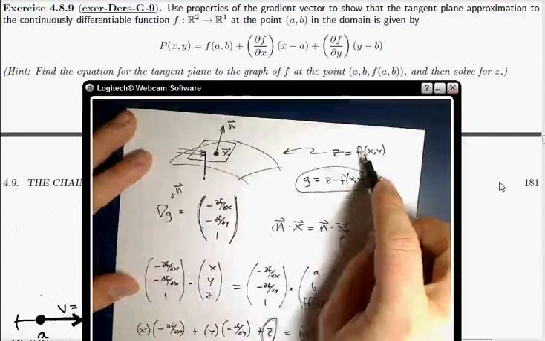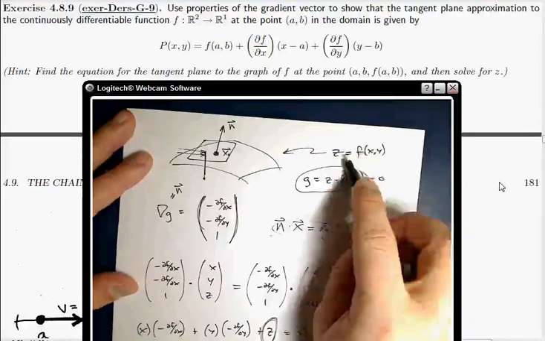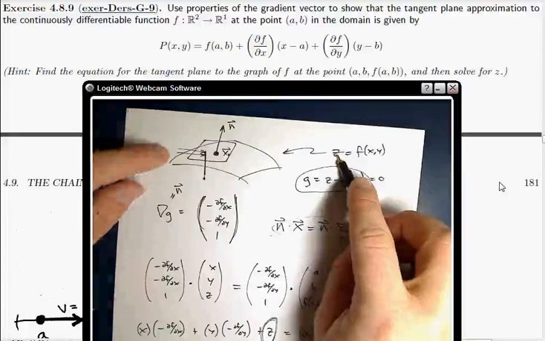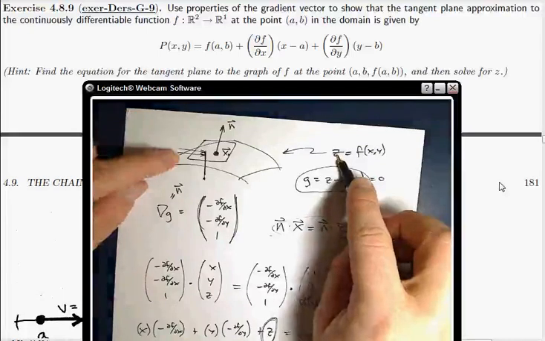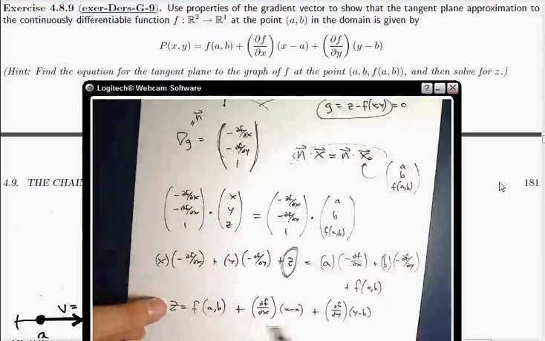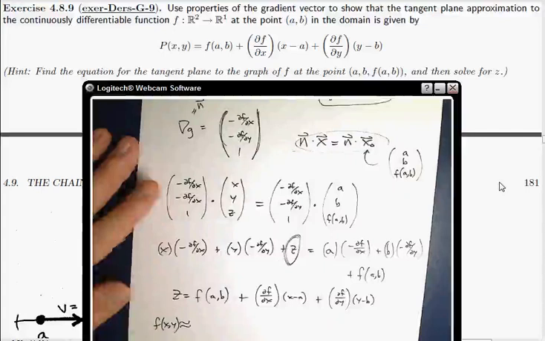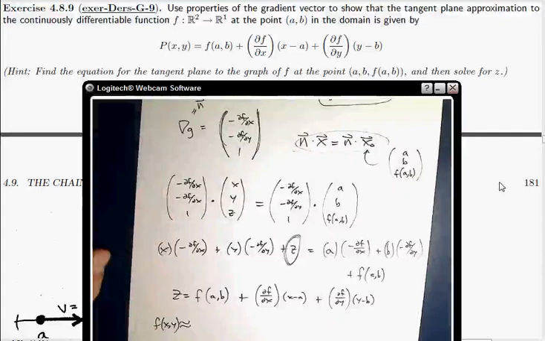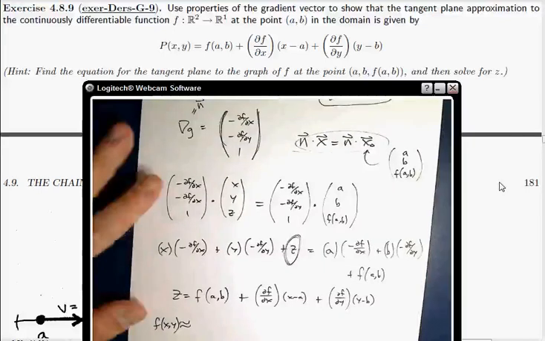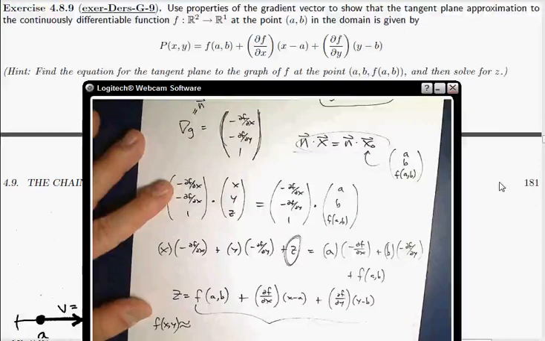So, in other words, the value of f, that is this value of z, should be approximately equal to the point on the tangent plane, namely this value of z. So this is an approximation to f of x, y. Or said differently, this is a new function.